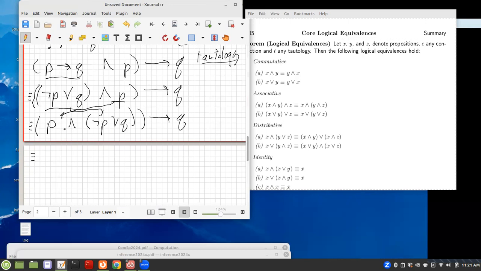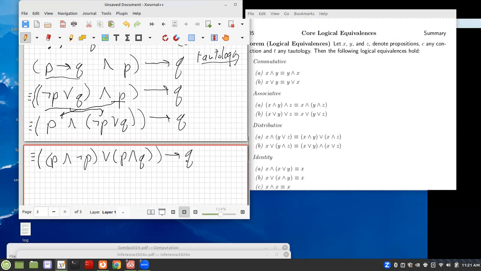So to get the P and the not P together, we can use the distributive principle, because and distributes over or. So we can apply this distributive principle part A here, and the way it'll work is this. P and not P, that's the first one. This comes in and latches there, or P and Q. The P and distributed into this, and this implies Q.